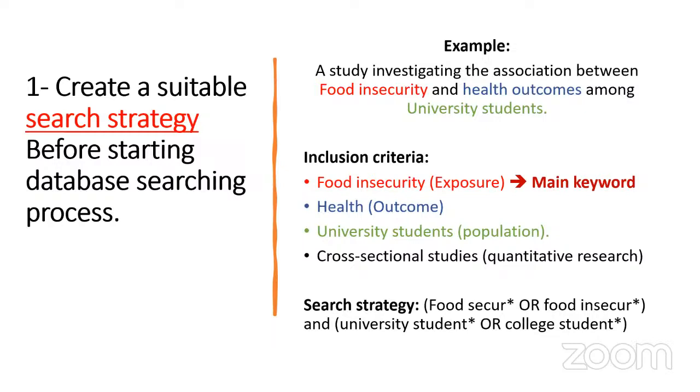Also, I used food insecure because in the literature they use food secure and food insecure, and it gives the same meaning. Also, I wrote university students or college students, and again I put the star just to include the singular or plural. So in this way, I think this search strategy is a good one, comprehensive and focused.